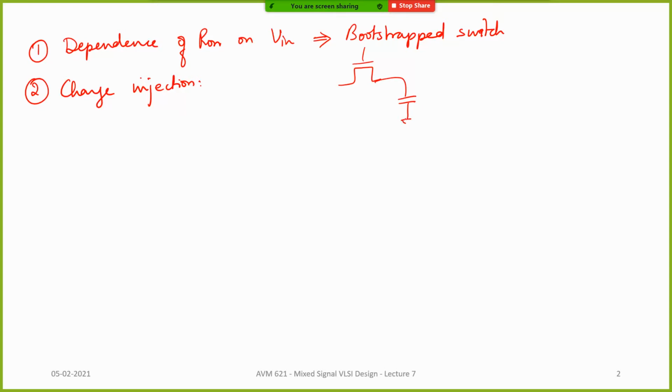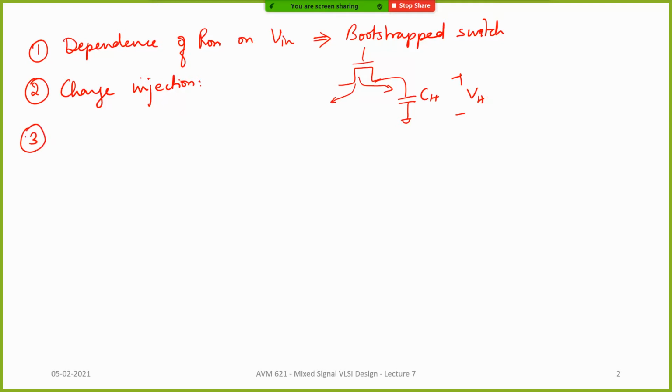And part of the channel charge goes here and the other part goes to Vin, which is still okay. I mean, we are not bothered about that. But what charge goes on to the capacitor is going to change the value of the held voltage VH, right? So that will basically give you an error, and this is something that we need to figure out a way how to solve this problem, right?